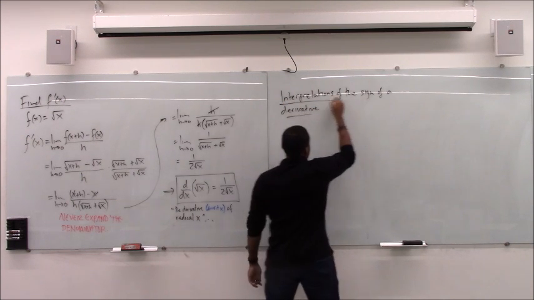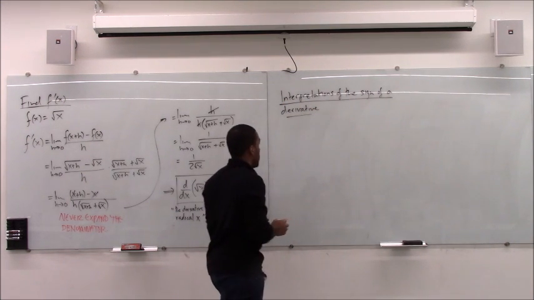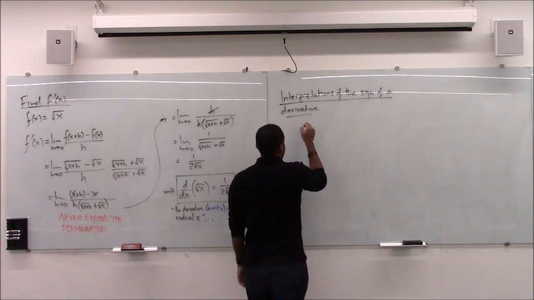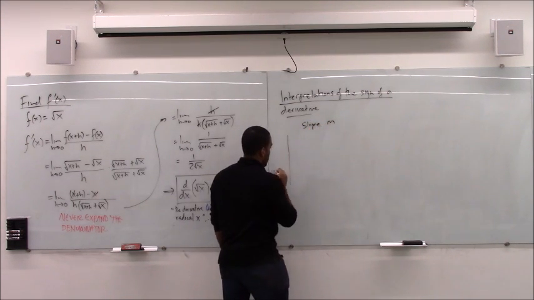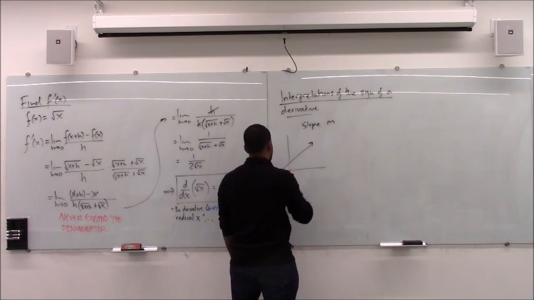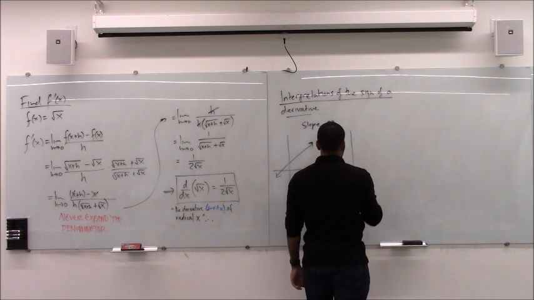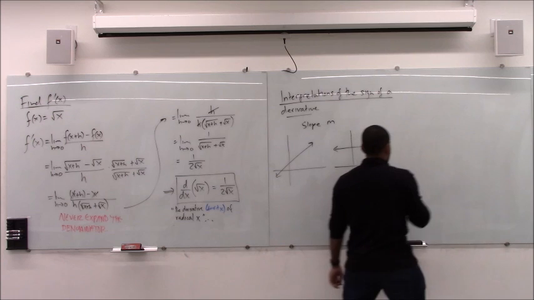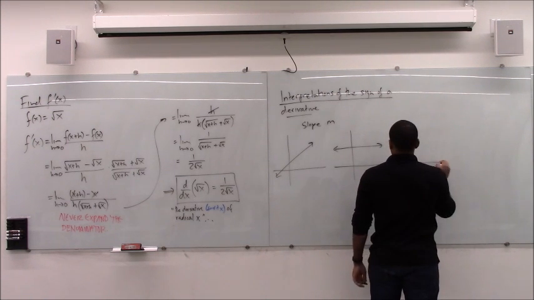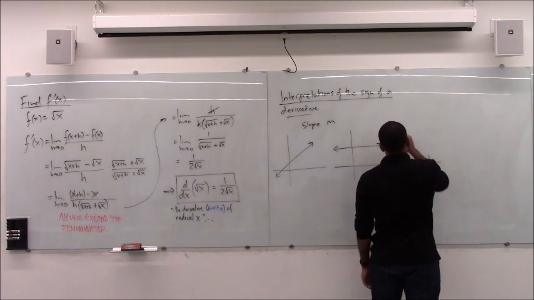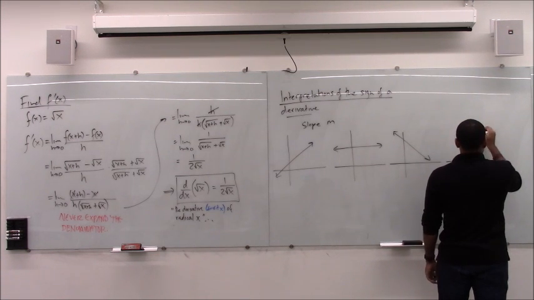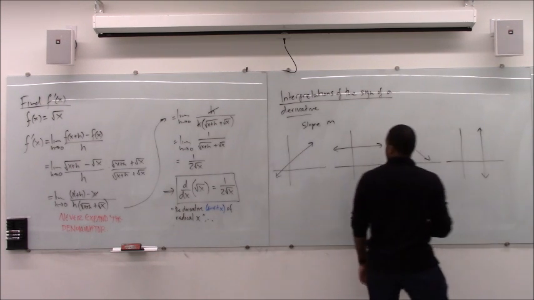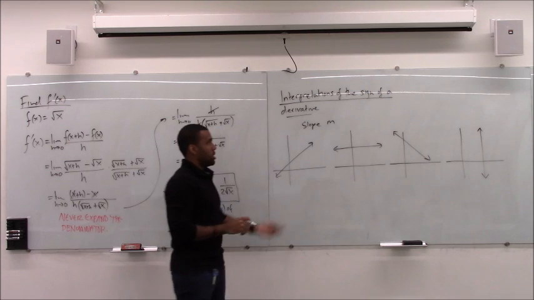There are interpretations of the sign of the derivative. Now, when it comes to slopes, let's say you have a line going up, versus a line going horizontally, versus a line going down, versus a vertical line. Tell me about the slope m in terms of its sign.